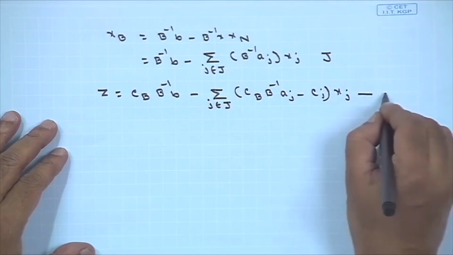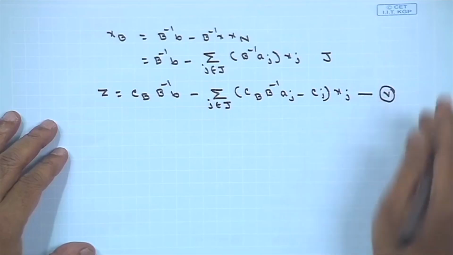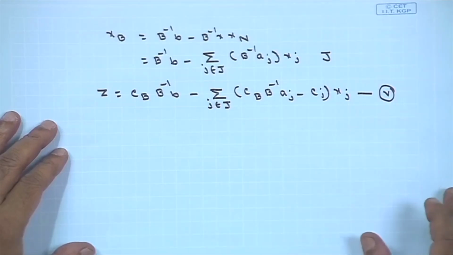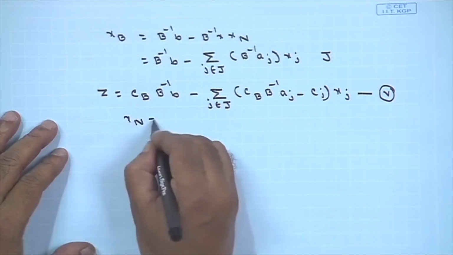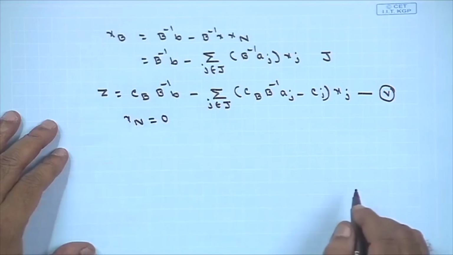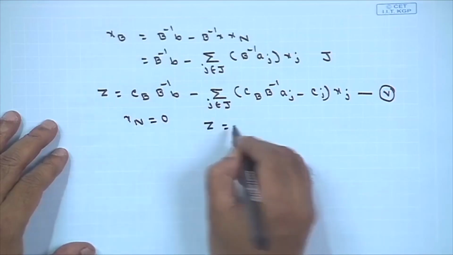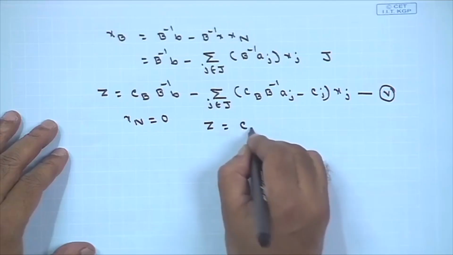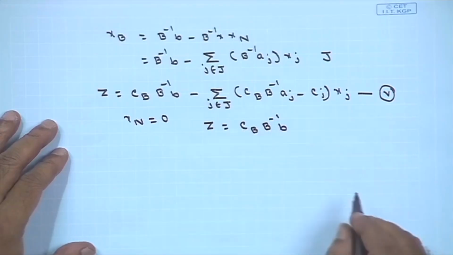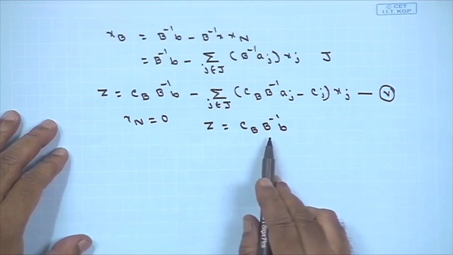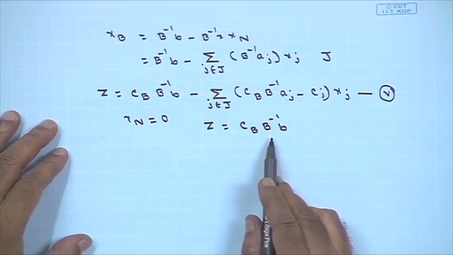This is our equation number 5. So, for basic solution, obviously we know that your x_N should be 0. For basic solution, always x_N should be 0, so that you can obtain z equals C_B B inverse b.